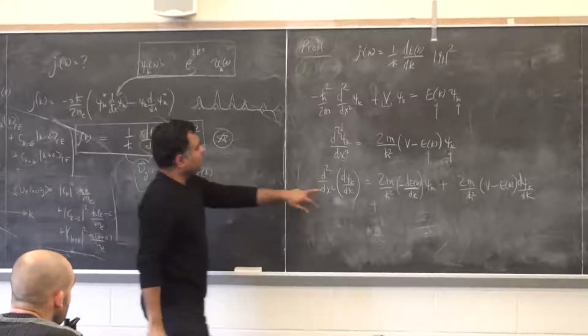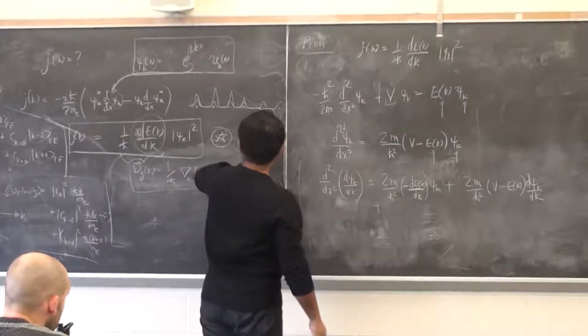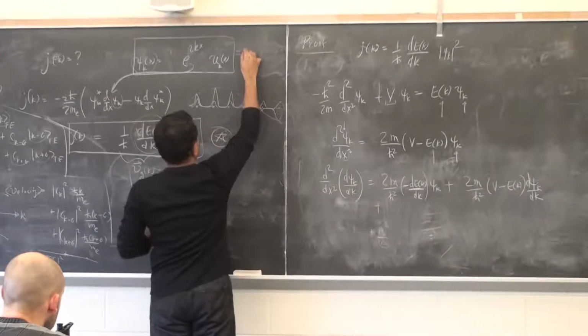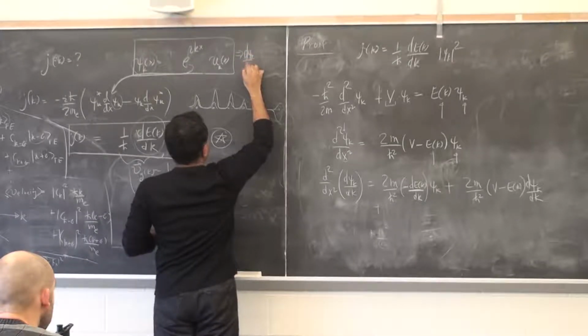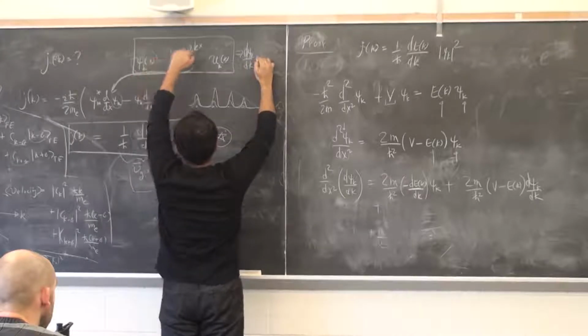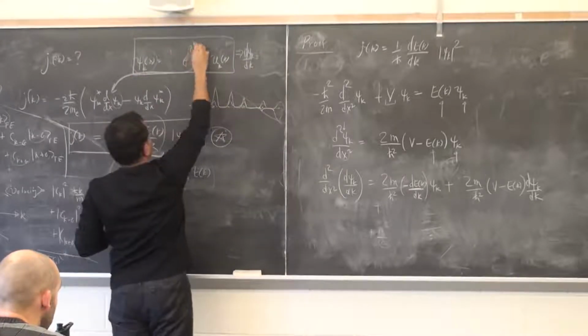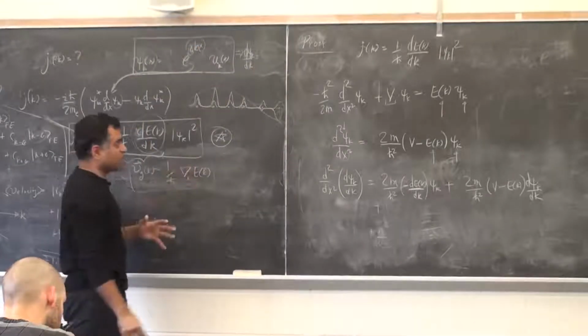Now what is d over dk of psi? Let's look at this one. We are taking the derivative with respect to k, not x, so what do I get? I times x comes out in the front.